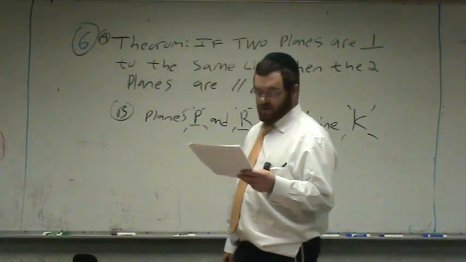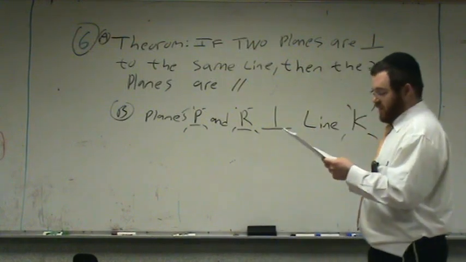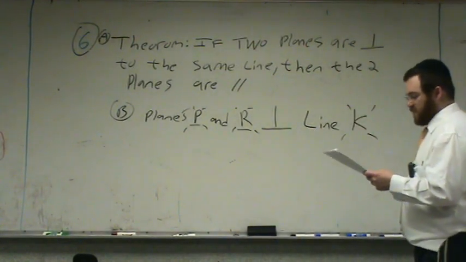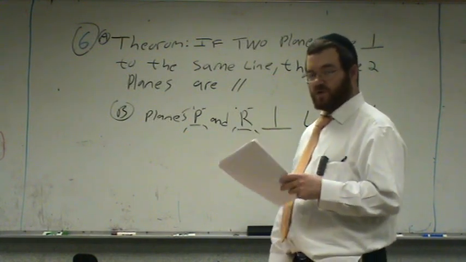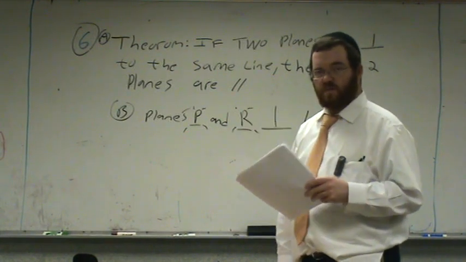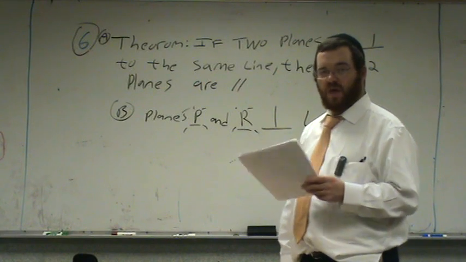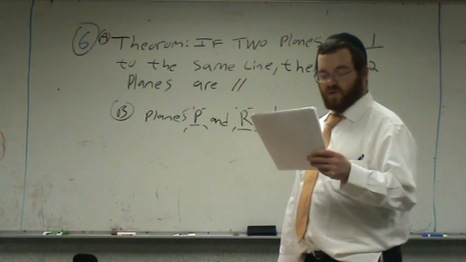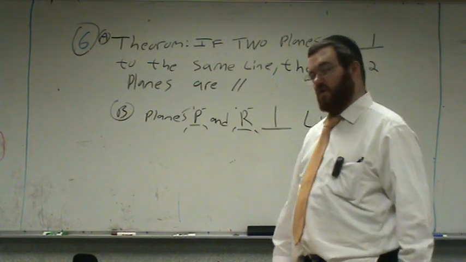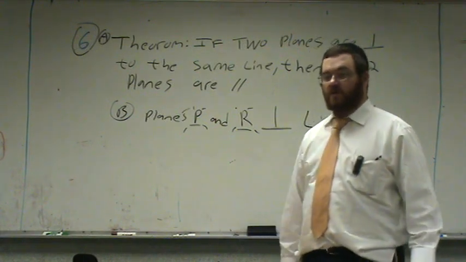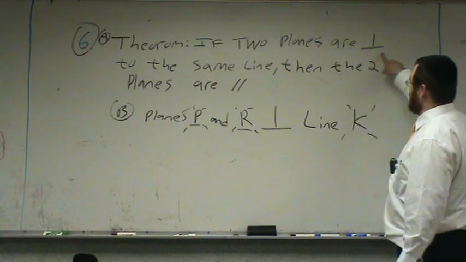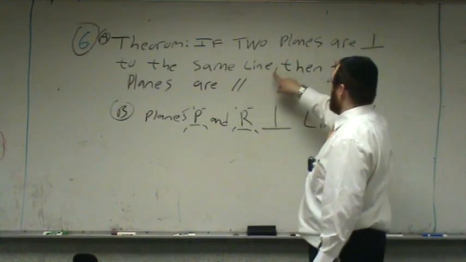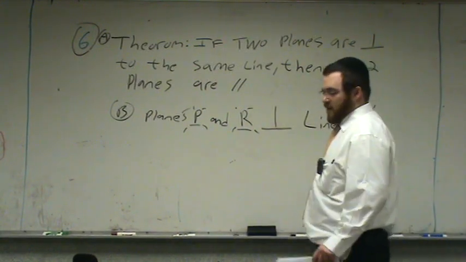Question 6. Line K is drawn so that it is perpendicular to two distinct planes. Or just read it, line K is perpendicular to planes P and R. What must be true about planes P and R? Well, P and R are both parallel to each other because we have a theorem that if two planes are perpendicular to the same line, then the two planes are parallel.